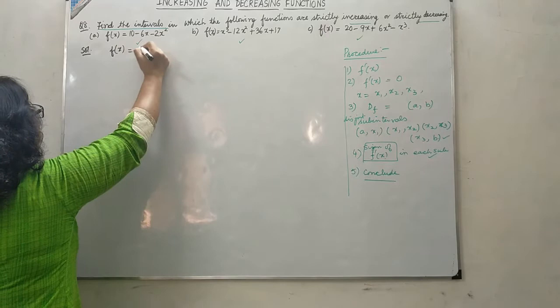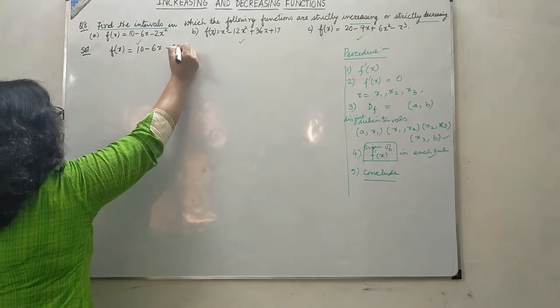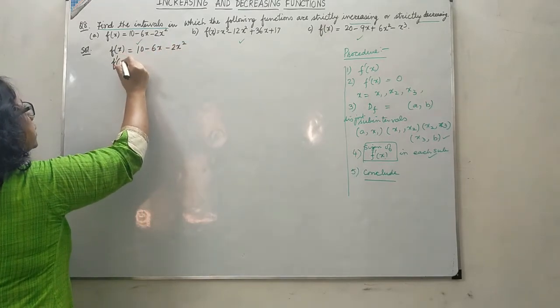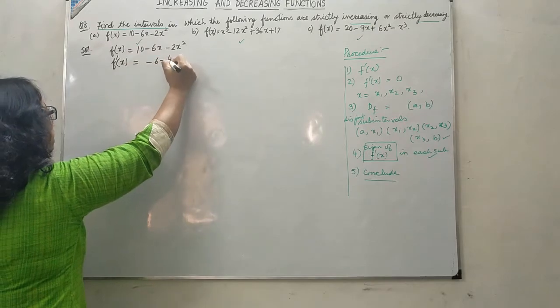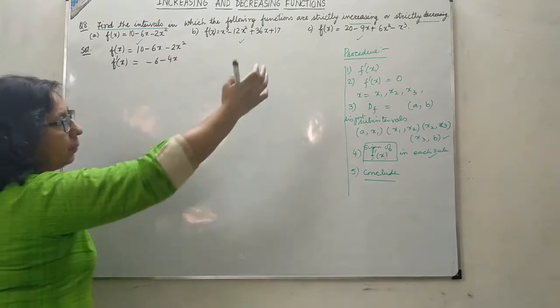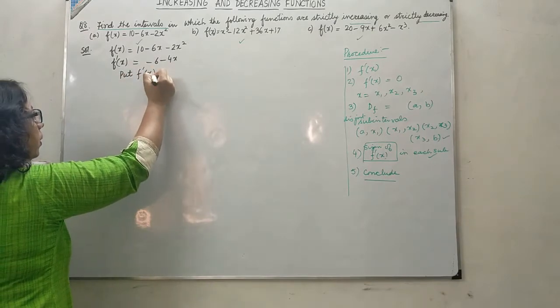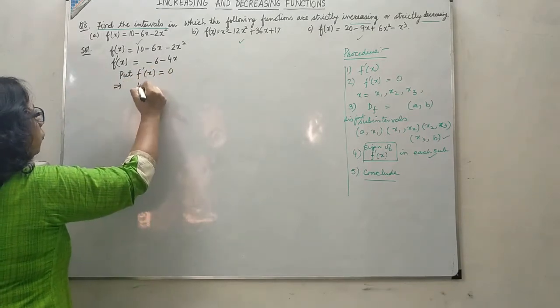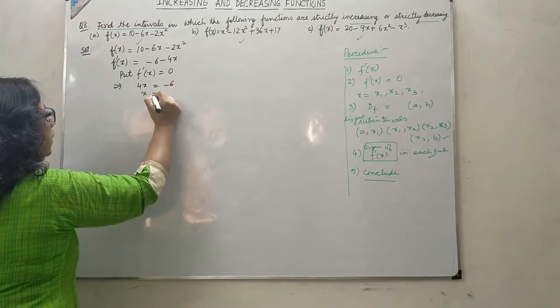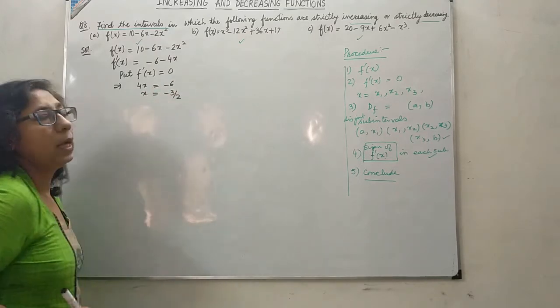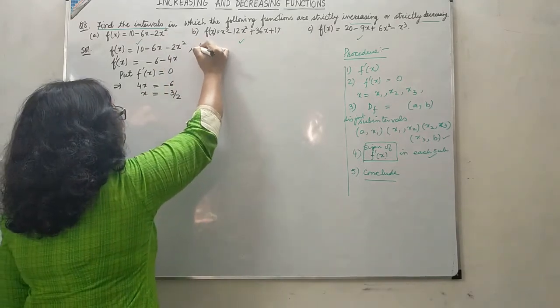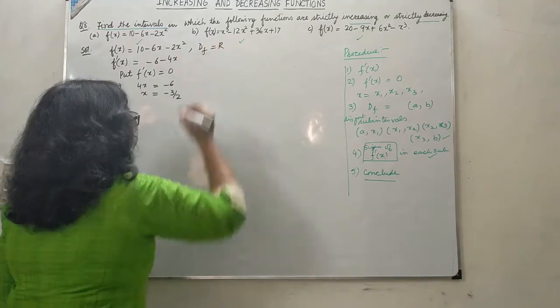The given function is 10 minus 6x minus 2x squared. Then f dash x will become minus 6 minus 4x. Now I can apply the procedure. Put f dash x equal to 0, and that becomes 4x equals minus 6, so x becomes minus 3 by 2. And because it is a polynomial, the domain is all real numbers.